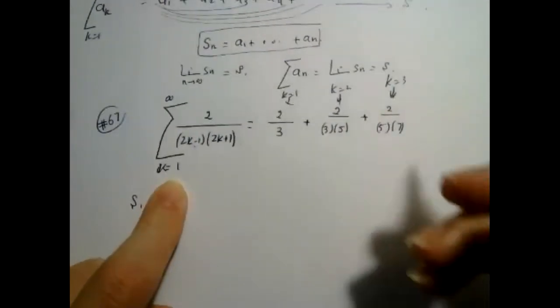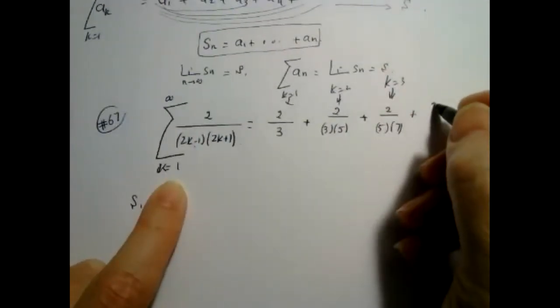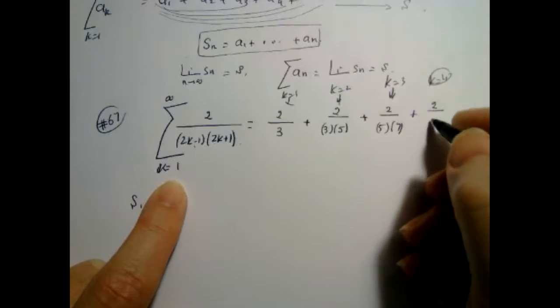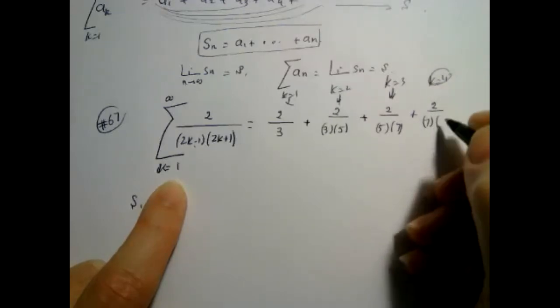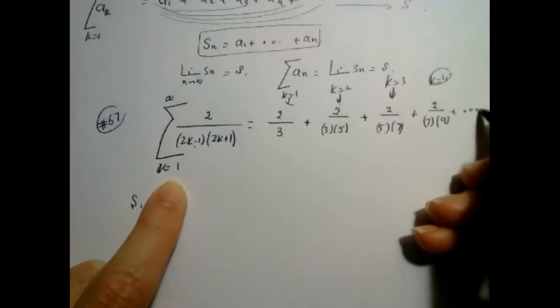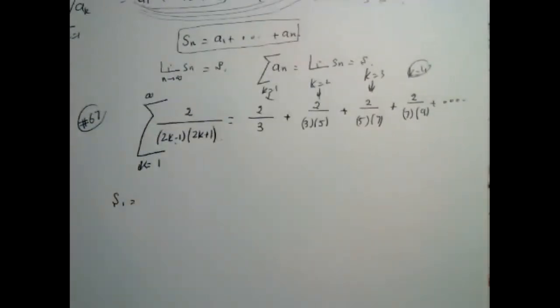All the numbers are odd, consecutive odd numbers, and the pattern continues. If k equals 4, I have 7 times 9, plus etc. We keep adding them.